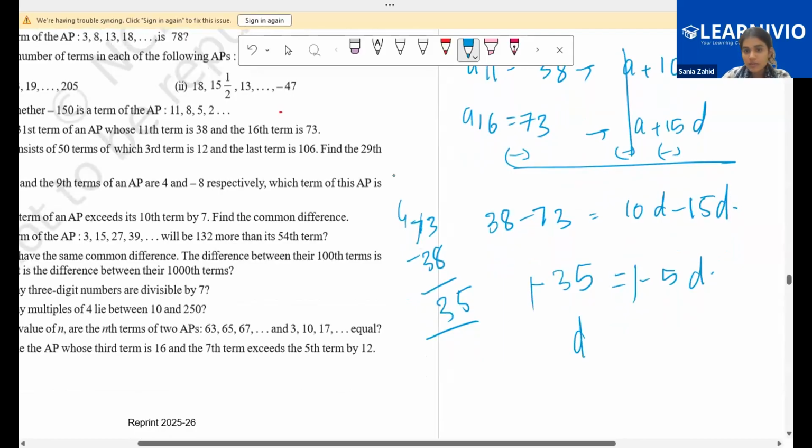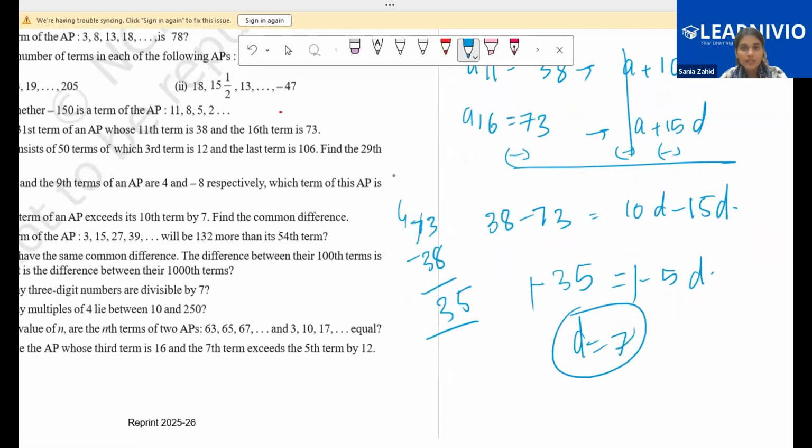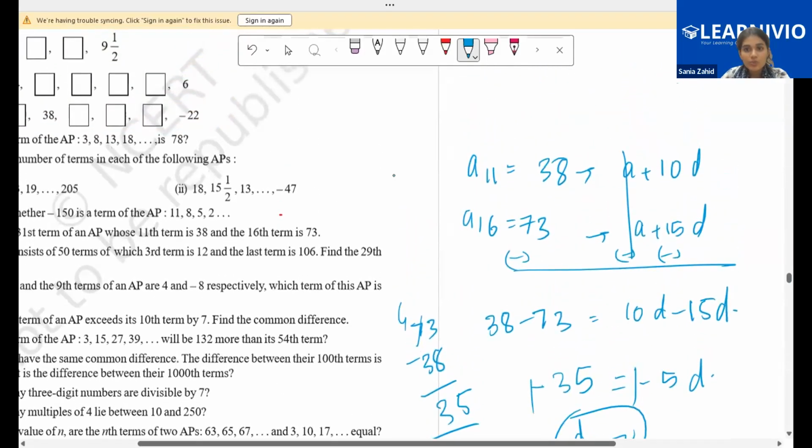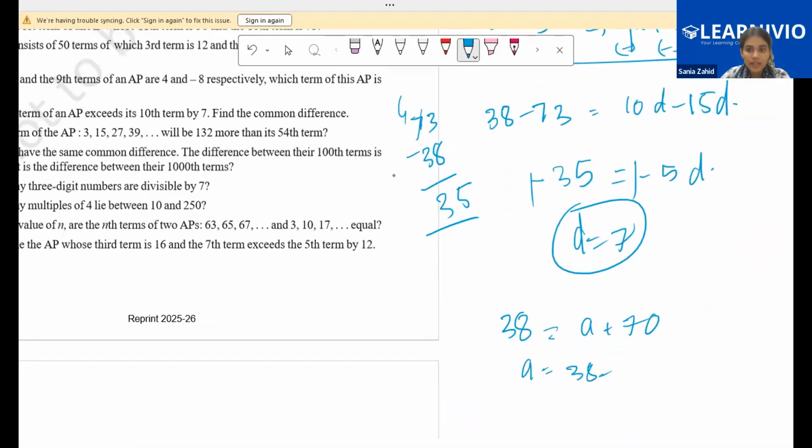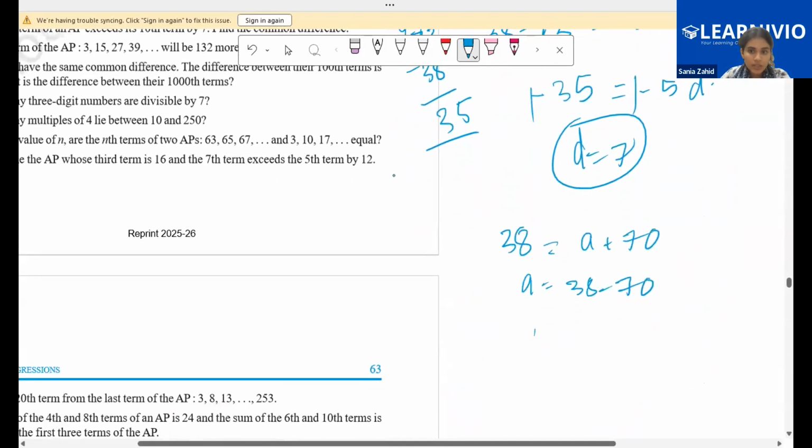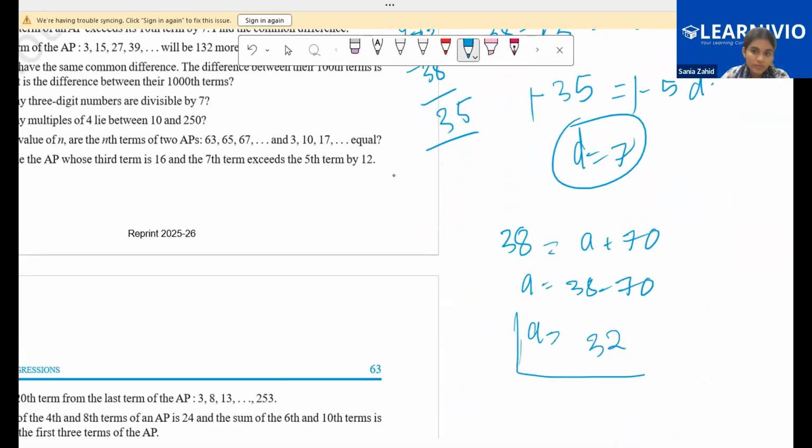So D is 7, right? Now you have D, so you can put the D value in any of them. So I'll put 38 is equal to A plus 70. So A is equal to 38 minus 70. So A is equal to minus 32, right?